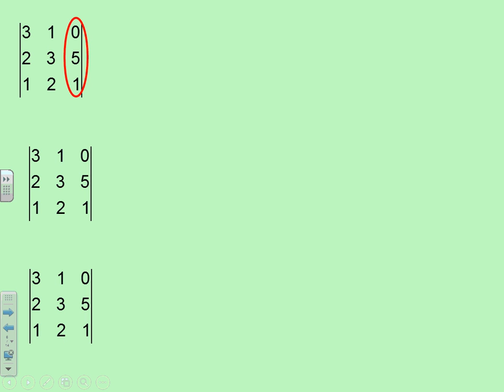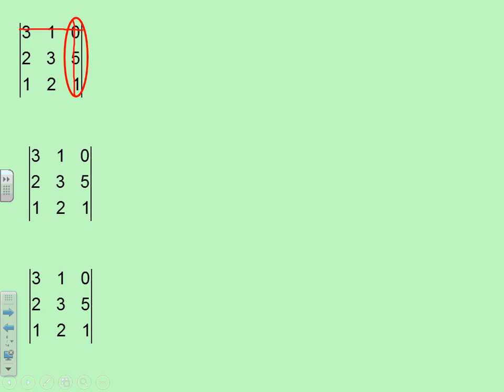So what I'm going to do here is, well, what would the minors of the 0, the 5, and the 1 in that column be? So I'm going to draw a line through the row that contains the 0 and the column that contains the 0, and whatever's left over would give me my minor matrix. So I would wind up saying 0 times that minor matrix of 2, 3, 1, and 2.